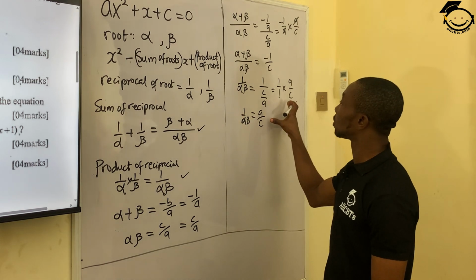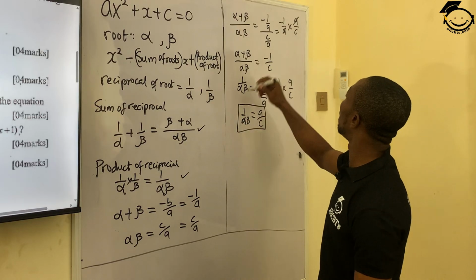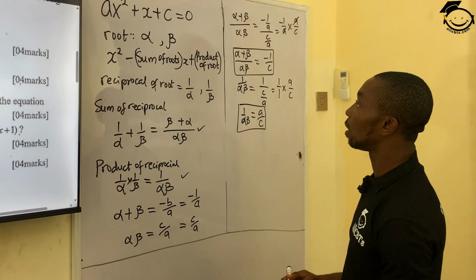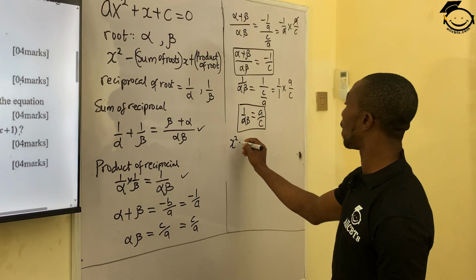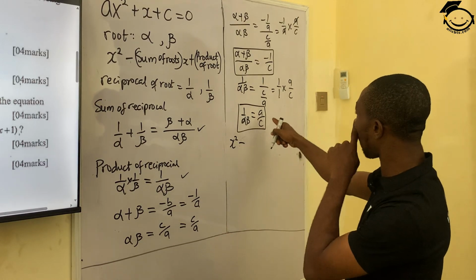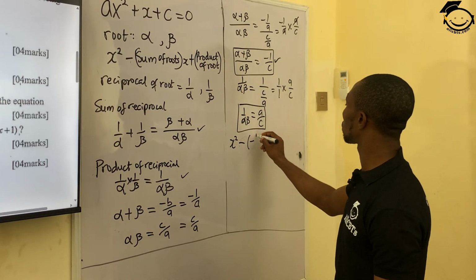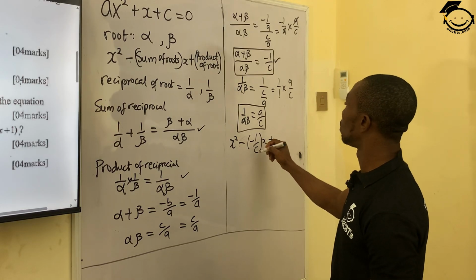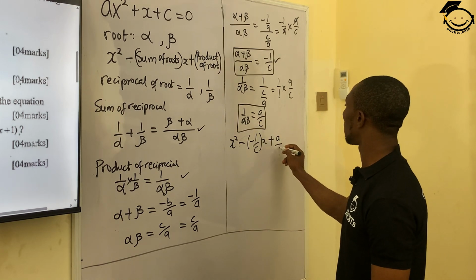Now, substituting this and this into our equation of x squared minus sum of roots, which is this, will become minus minus 1 over c x plus our product of roots, which is this, a over c.